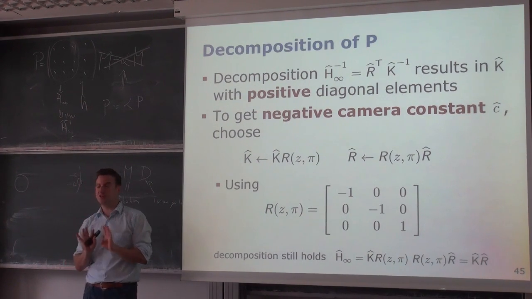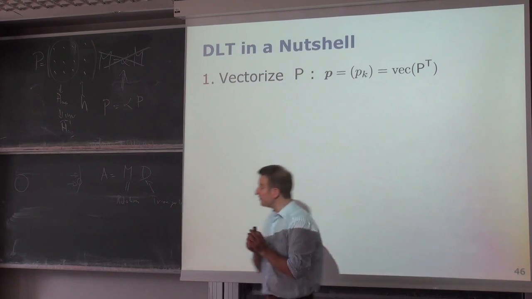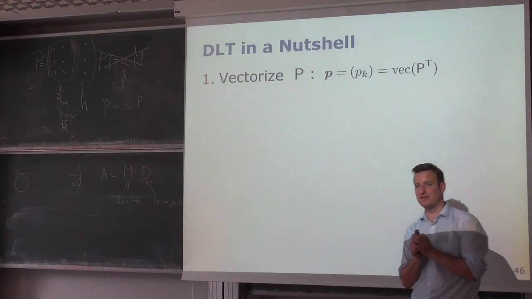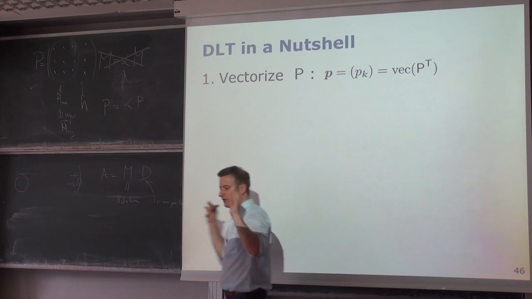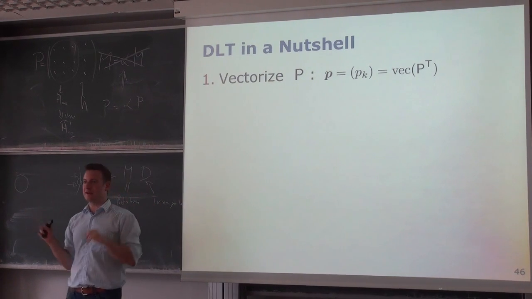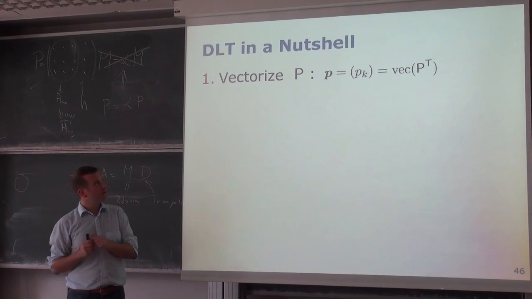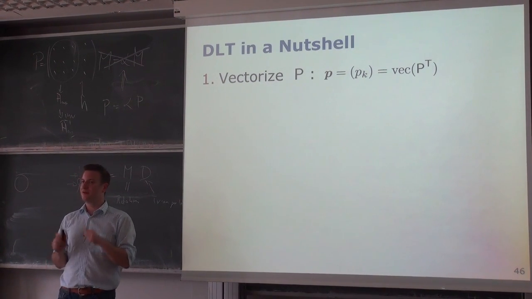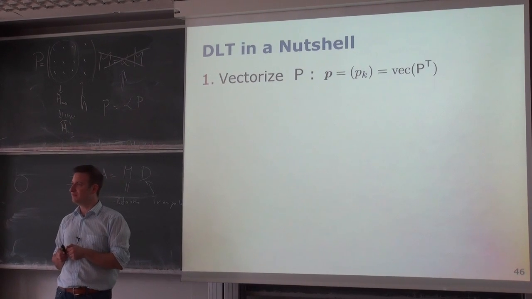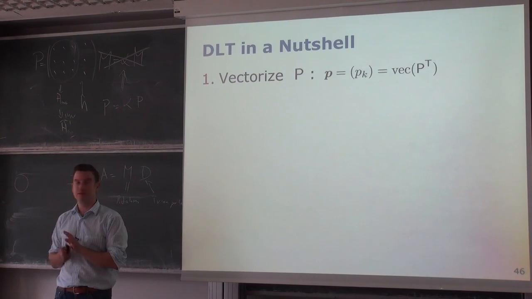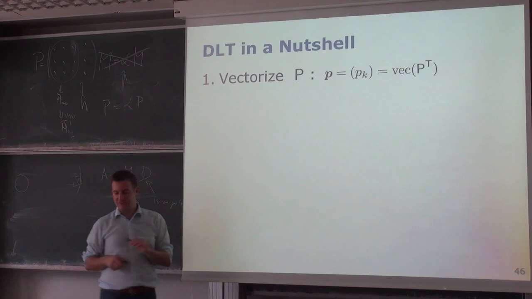Okay, so this was the DLT. So let's summarize the DLT in a nutshell. If you want to apply that, what you need to know are 6 points in the world which should not lie on a plane. And you need to know those coordinates. So the first thing you do, you start with your matrix P, which you don't know, which you want to estimate, and you need to vectorize that.